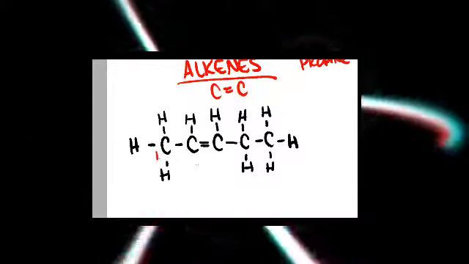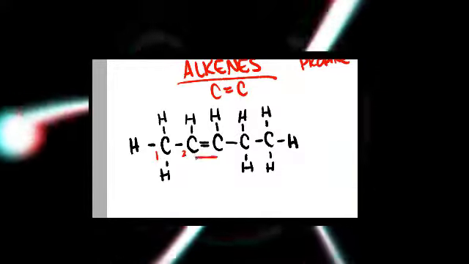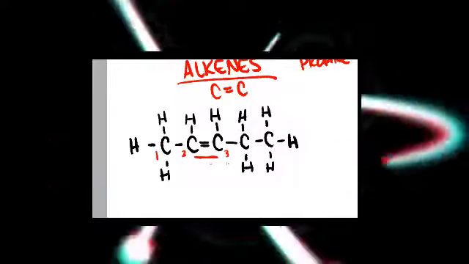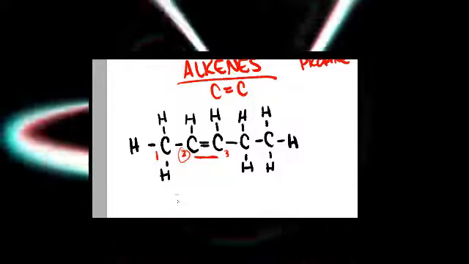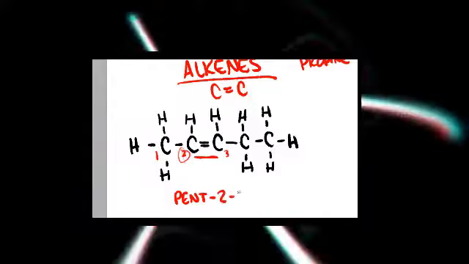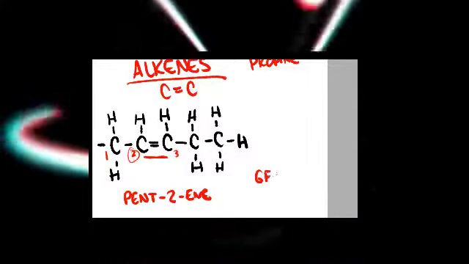This is carbon number 1, this is carbon number 2, and the double bond starts here until carbon number 3. We have to give it the lowest number, so we're going to use 2. For this, it'll be called pent-2-ene. And the general formula for the alkenes is CnH2n.